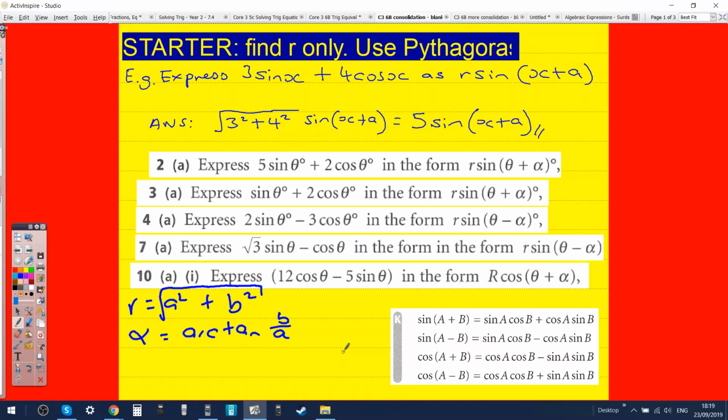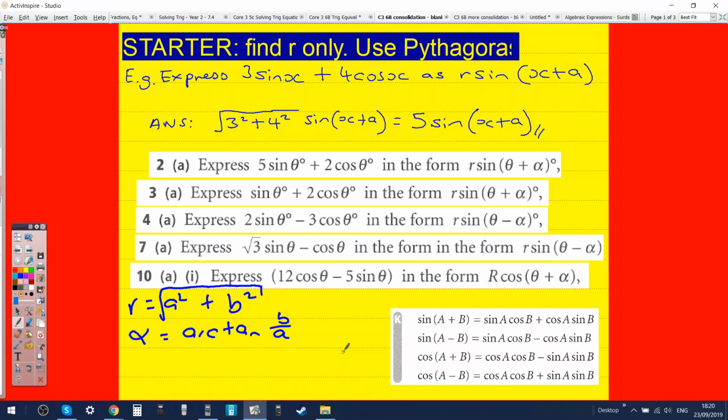Root 29. And alpha is arctan of B over A, which is 2 over 5. And that gets you 21.8.